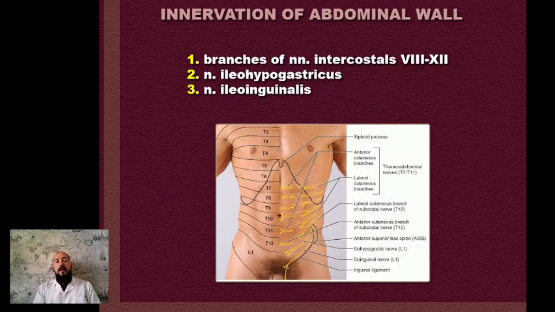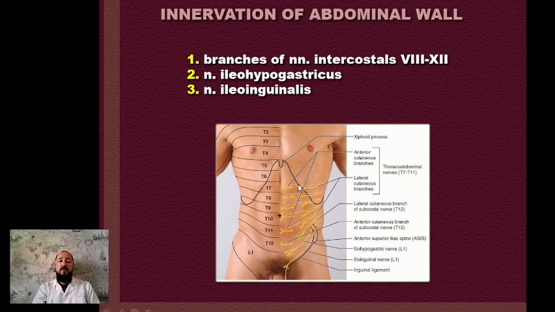Innervation or nerve supply of the abdominal wall. We have branches of the intercostal nerves, the iliohypogastric nerve and the ilioinguinal nerve. They supply the abdominal wall. You can see the direction of these nerves on this scheme.